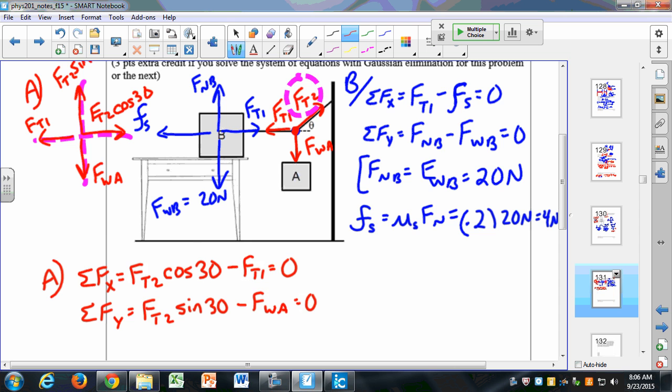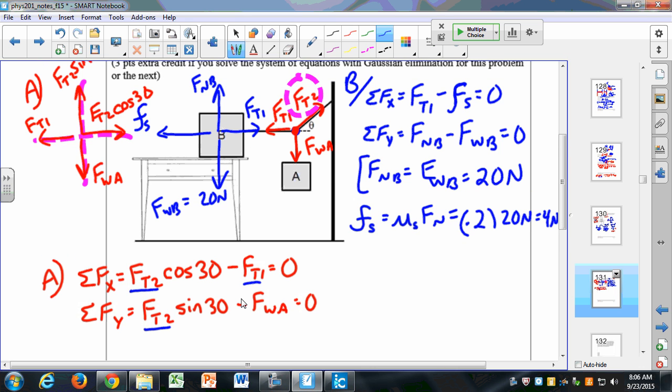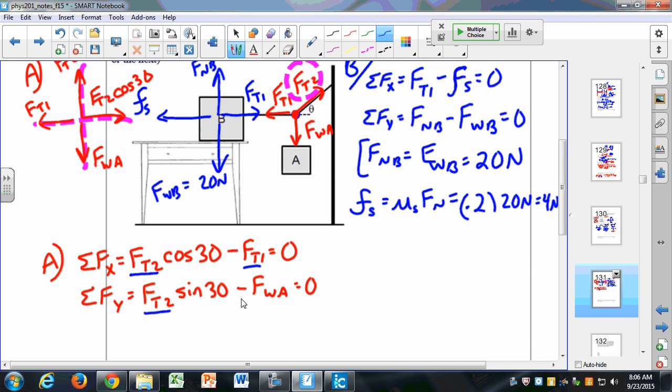All right, here I can solve this. I just sort of label all my knowns and unknowns. These things are unknown. ft2 is unknown. ft1, is that unknown? No, we do know ft1 now, so ft1 is a known value. And I also know fwa, do I not? No, I'm looking for fwa. So fwa is an unknown.